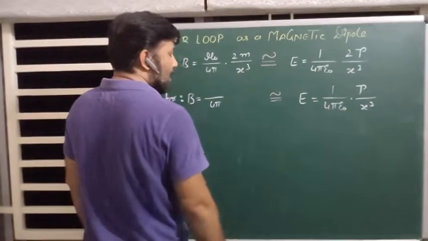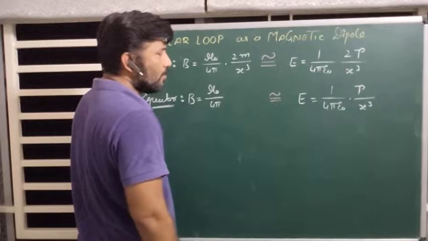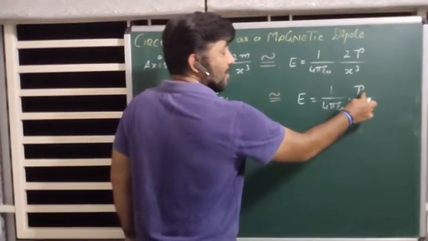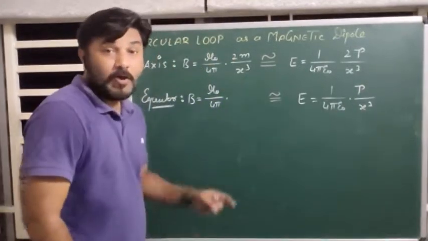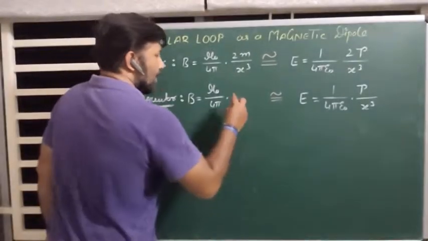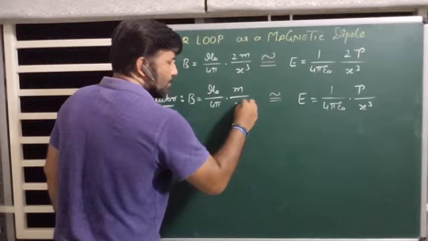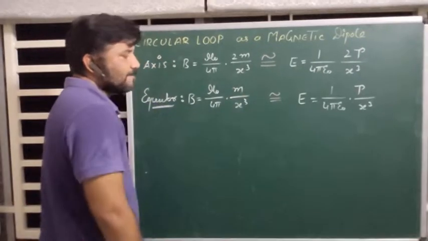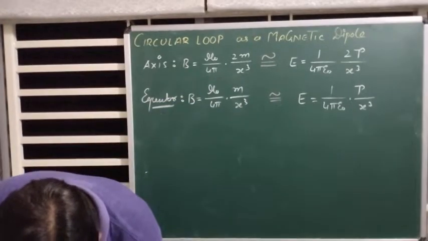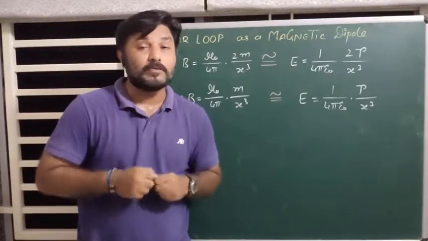Instead of 1 upon epsilon 0, you have to place mu 0 multiply by, instead of electric dipole moment P, you have to put magnetic dipole moment M. That is M upon x, x is the distance. So keep as it is. Got it? It is there on page number 160 and 161 of our physics textbook.